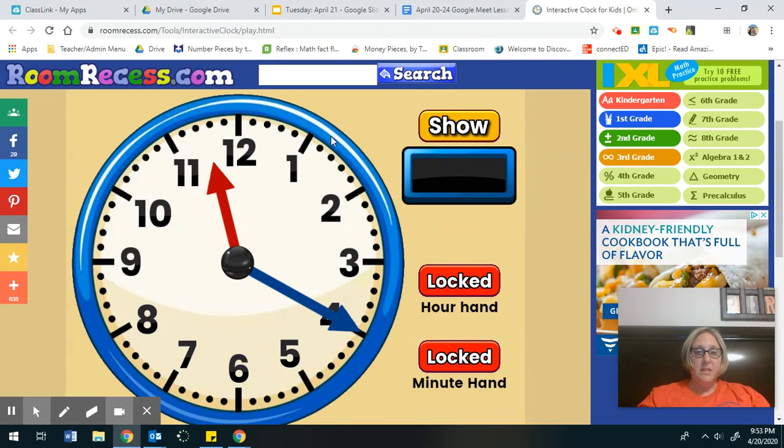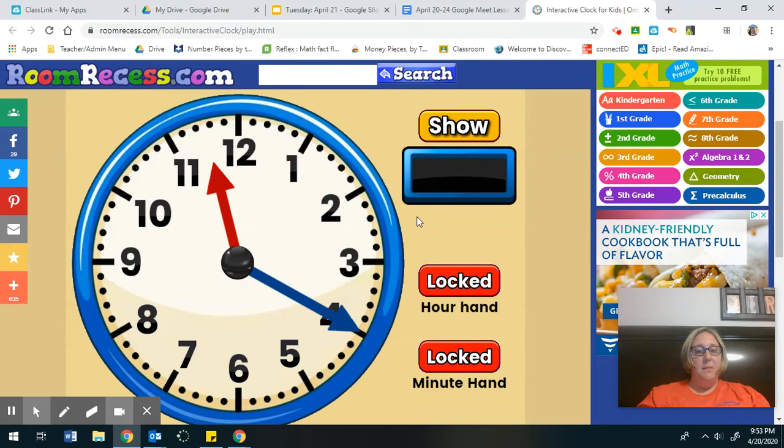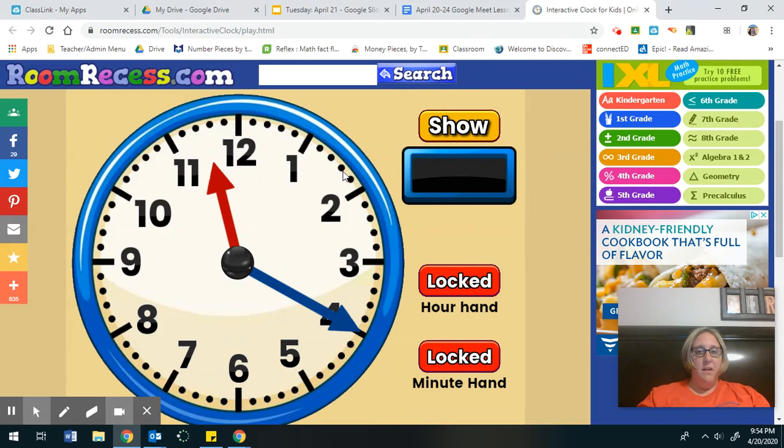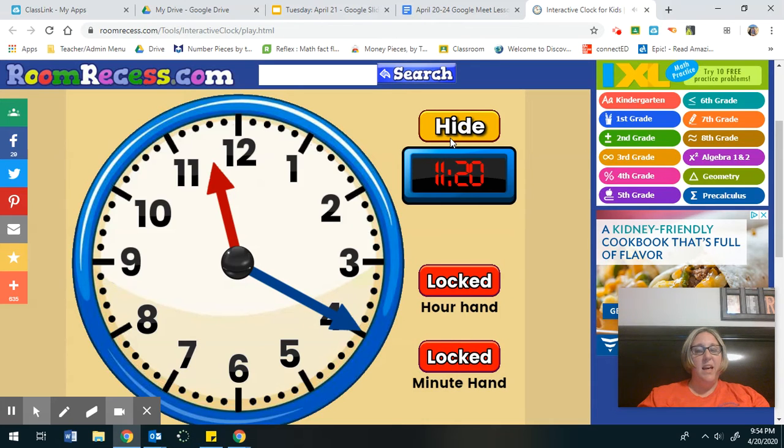So starting at the 1, I'm going to count by fives and I'm going to see where I land right here on the floor. So 5, 10, 15, 20. Okay, so I know that this time is 11:20.